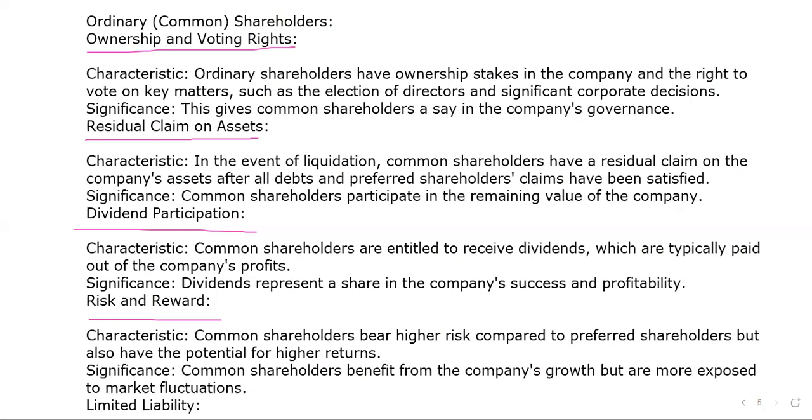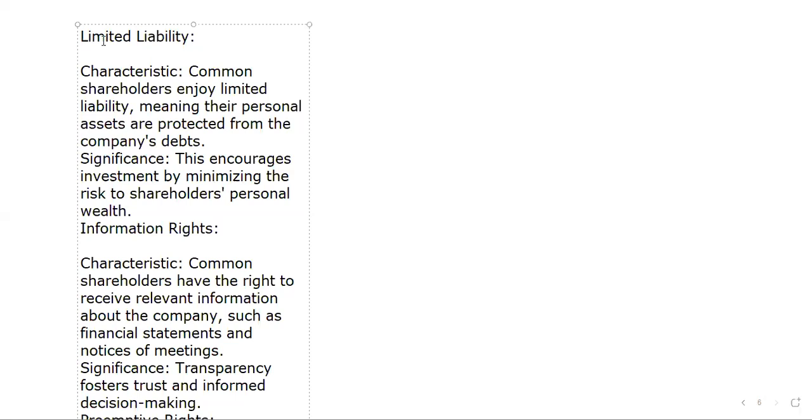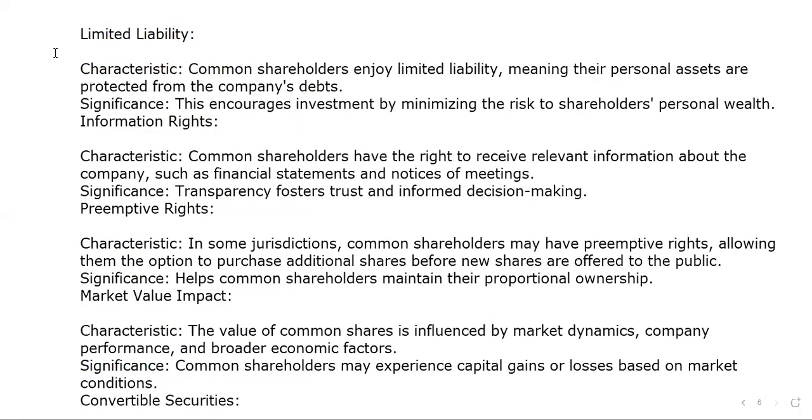So we go to the other characteristics of the common stockholders. Limited liability. Shareholders enjoy what we call limited liability, meaning their personal assets are protected from the company's debts.